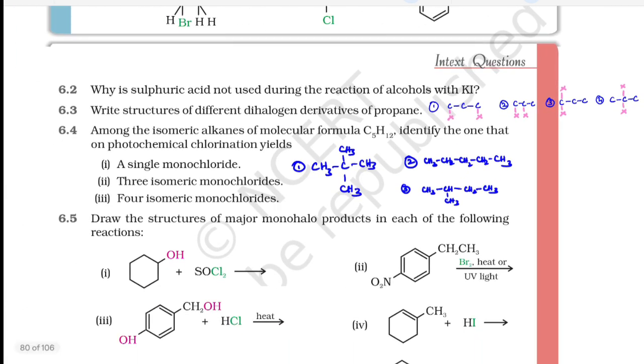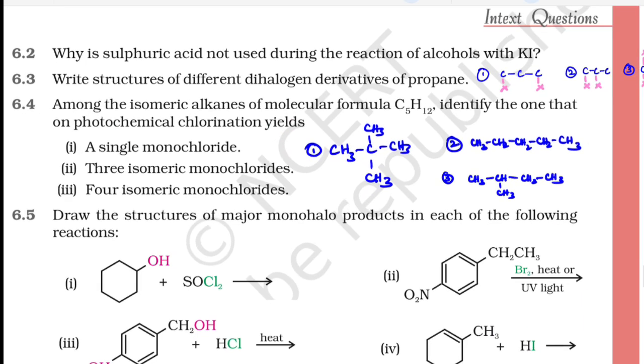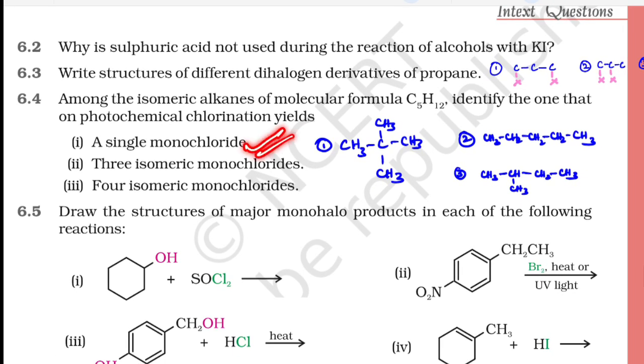Next, among the isomeric alkanes of molecular formula C5H12, identify the one that on photochemical chlorination yields a single monochloride. So single monochloride means the compound should be having only one type of hydrogen. So see here, this is the answer. How many types of hydrogens are present here? See this.